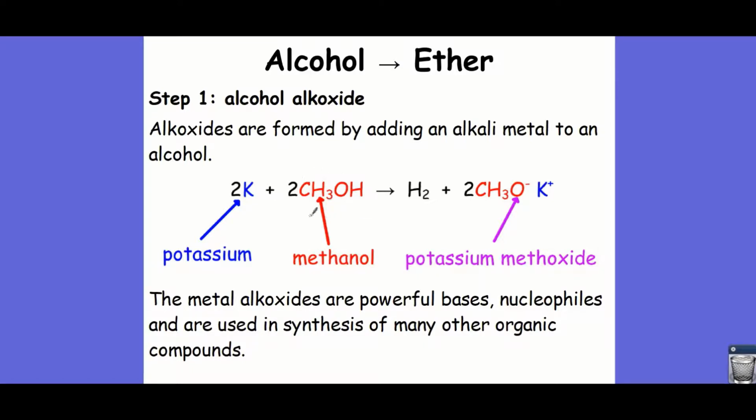Now, the alcohol that we use will determine what alkoxide we form. So if we want to form a methoxide, we would use methanol. If we wanted an ethoxide, we would react our alkali metal with ethanol. Here we form essentially an ionic compound, and this is our alkoxy group.